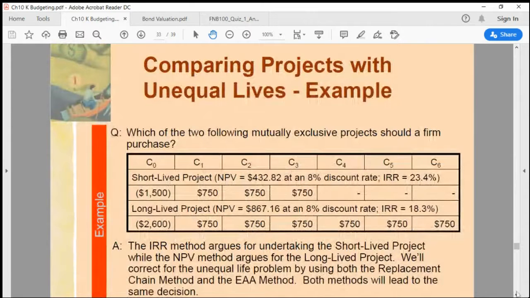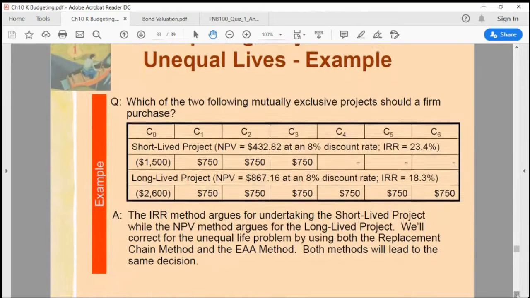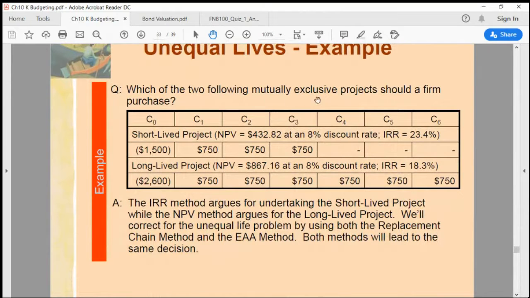So let's take a look at an example. Which of the following mutually exclusive projects should a firm purchase? Now we have two projects. One, short-lived project, which has 3-year project life, and the other one is long-lived project with 6-year project life.